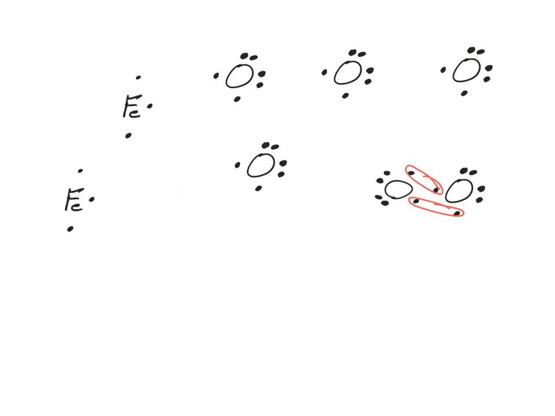Now with iron, you'll see this oxygen needs 2, and this iron needs to get rid of these 3 electrons.